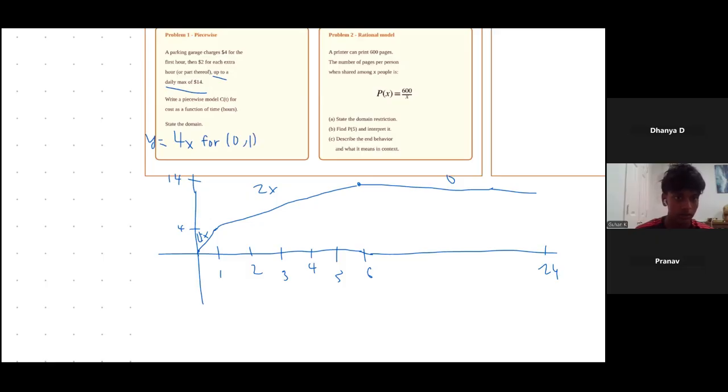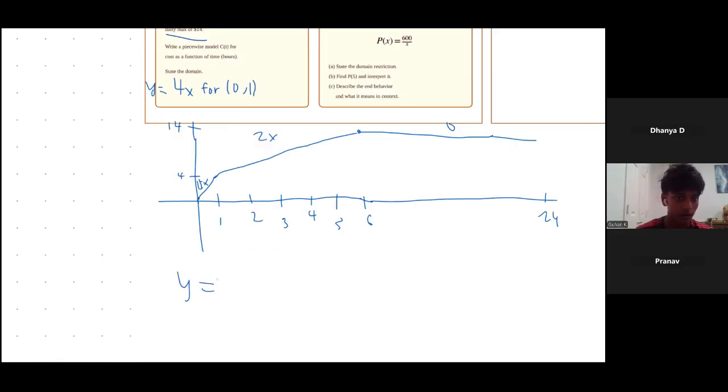And then here, I'm gonna write the rest down. Y equals 2X from 1 to 6. It's gonna be a domain. And then Y, it's just Y equals 14. Actually, over here for this, let's write 2X plus 2.